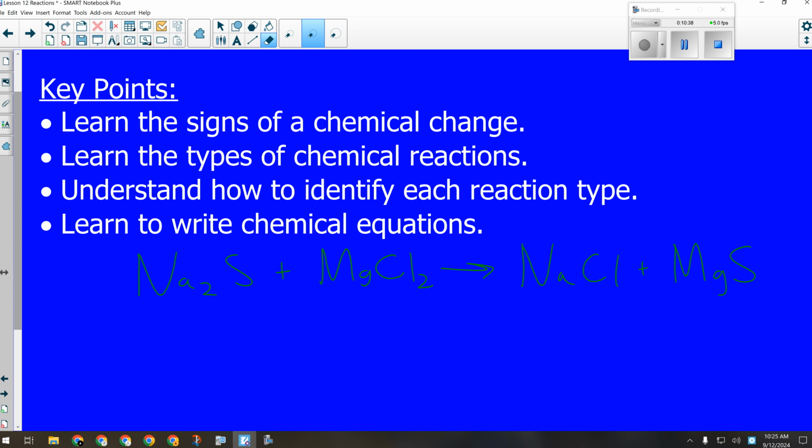I didn't really separate or join, but I definitely rearranged. Did I make any new elements? All the same elements, right? It's sodium, sulfur, magnesium, and chlorine on both sides. Didn't make any new elements, because Dalton said you can't do that.